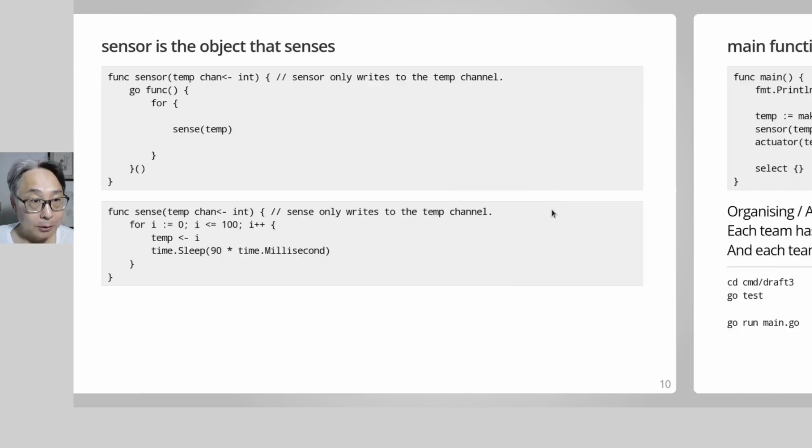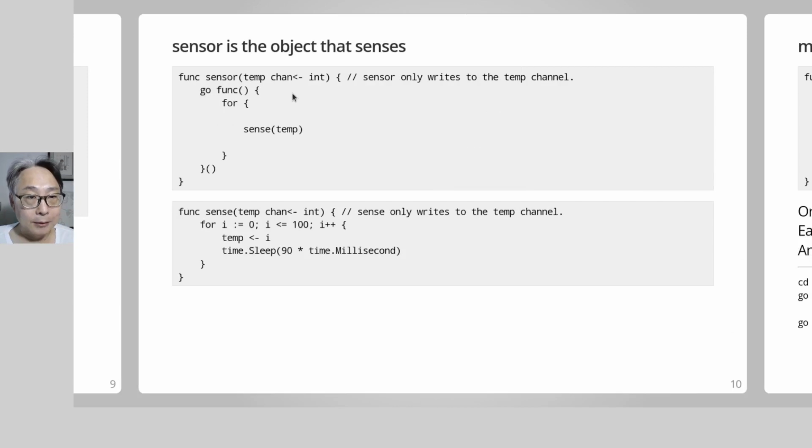So what does it do? The sensor team member is responsible for sensing. That's why this is a name and this is a verb. Don't underestimate the power of these naming conventions, because it helps you clarify your thinking and helps you organize your code.